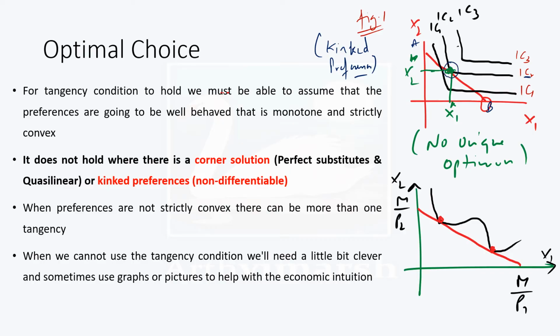If you observe, this is a point where multiple tangents can be drawn, right? Because it is a point where the function is completely changing its nature. It's not a continuous function, right?